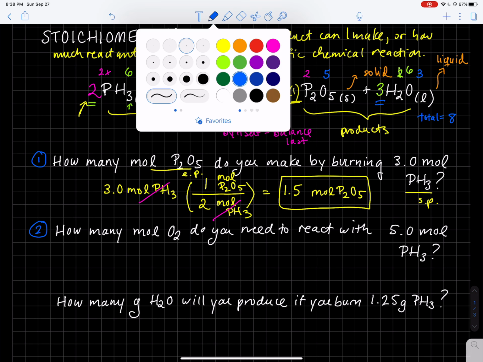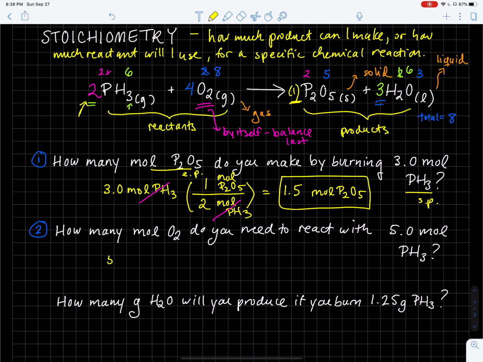Again, our starting point is the 5.0 moles of phosphine, and we want to end up with moles of O2. So we look at our coefficients and we see we have 4 moles of O2 because of the 4 here for every 2 moles of phosphine.